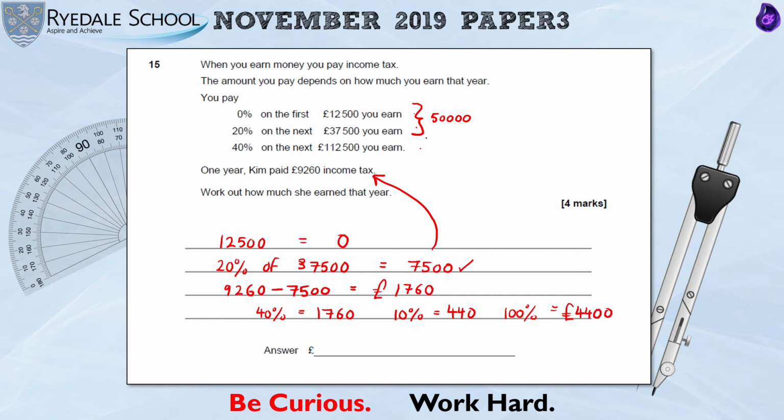So what that tells me is she's getting £50,000 for her salary plus 4,400. And the reason why I know that is because the 20% of this is the 7,500, and 40% of this number is getting the extra £1,760. So altogether, her salary must be £54,400. Might be a good idea if at some point we do some more questions a little bit like that.